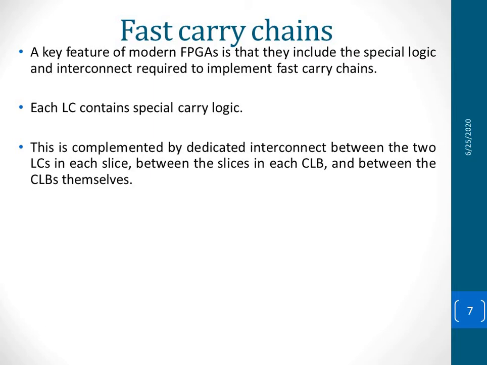That means the FPGA architecture is like this: logic elements, a group of logic elements makes a slice, and a group of slices makes a configurable logic block, also called a logic array block, LAB or CLB.